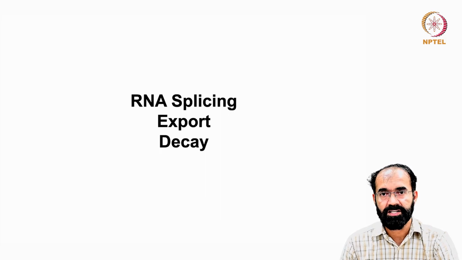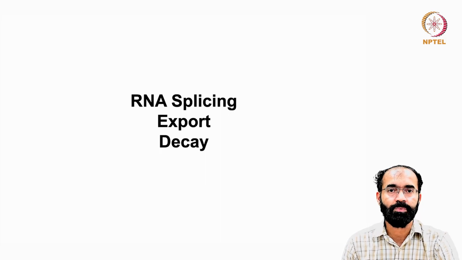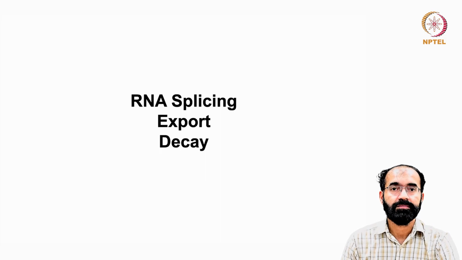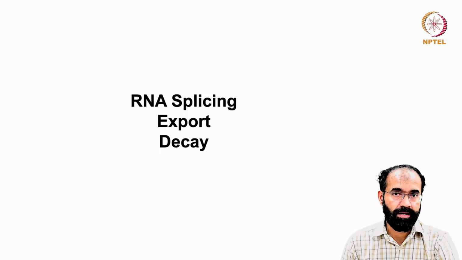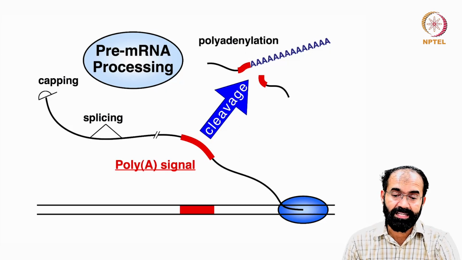So don't think that some topics are being repeated; they are intentionally put in, but I have tried my best to avoid the feeling of repetition, because they are basically for recalling the previous topic. So we know pre-mRNA processing involves capping, splicing, polyA signal, cleavage and polyadenylation, etc.